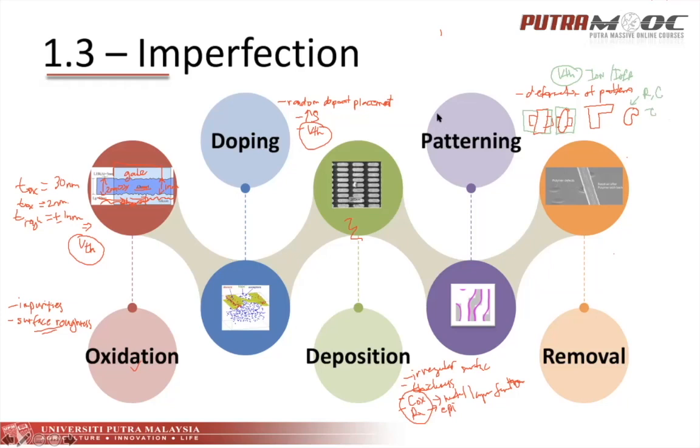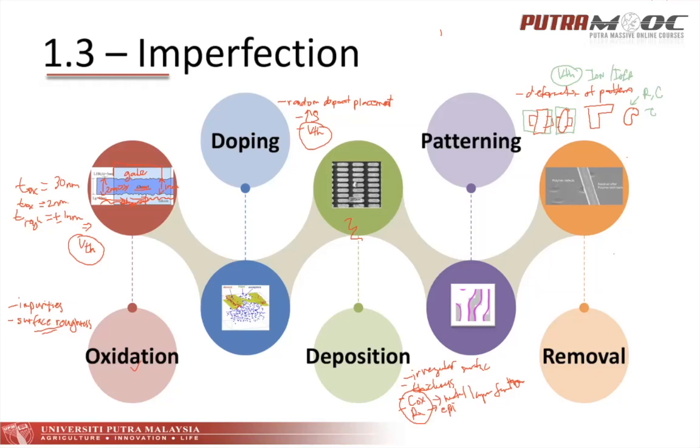So patterning is the biggest concern that we need to take care of, because patterning is the process that we repeat many times in the fabrication process. During patterning, we want to transfer whatever pattern has been designed by the circuit designer onto the wafer surface, and this pattern should work as designed.